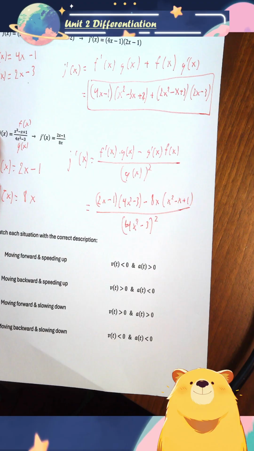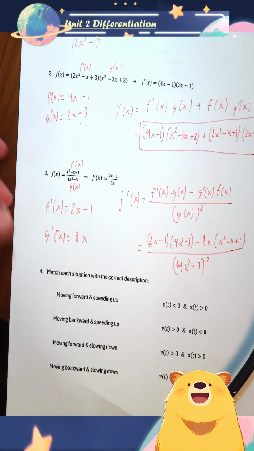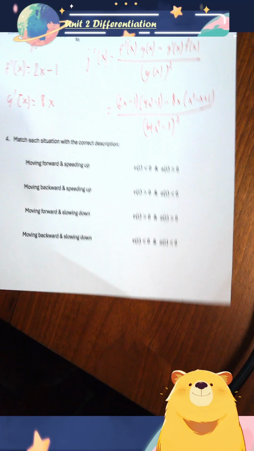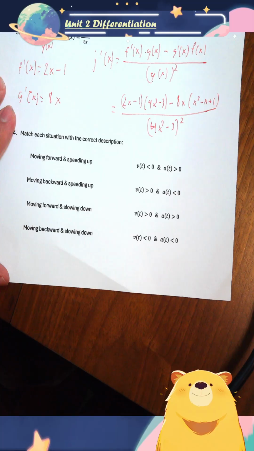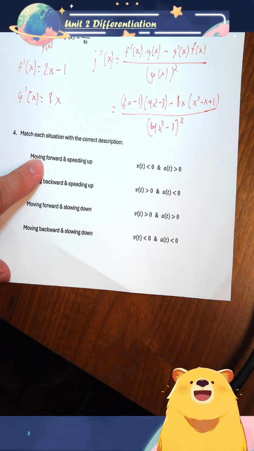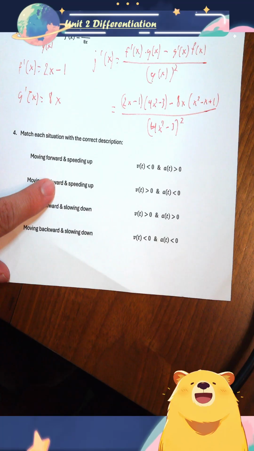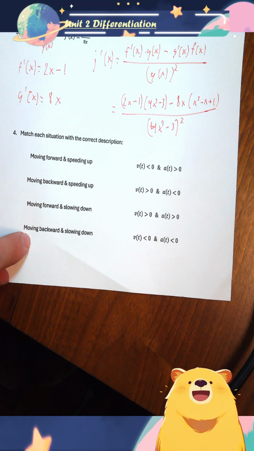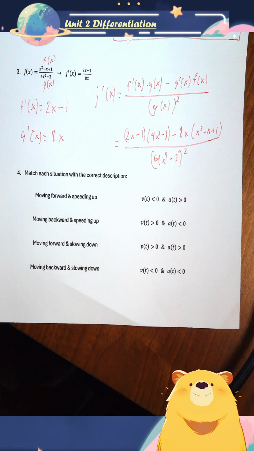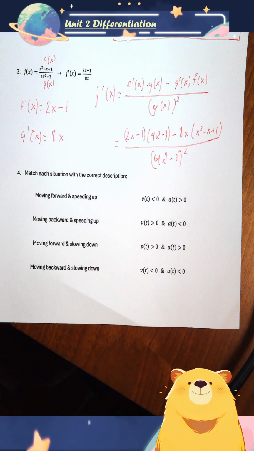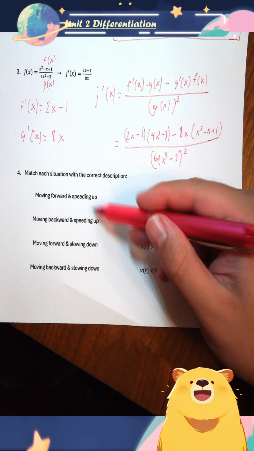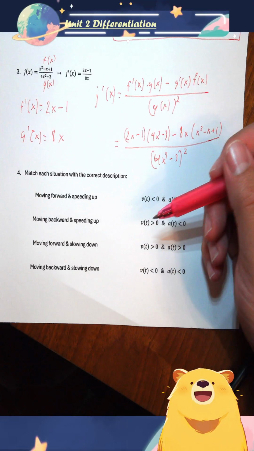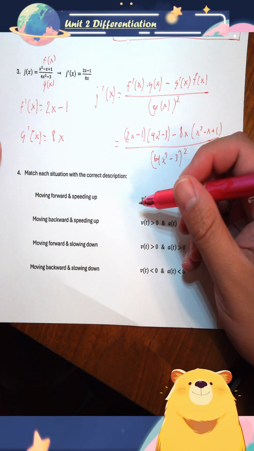All right. Here now we have match each situation with the correct description. So this is moving forward, speeding up; moving forward, slowing down; moving backward, speeding up; moving backward, slowing down. Well, remember, we said that the pattern between speeding up and slowing down is that the signs are matching.